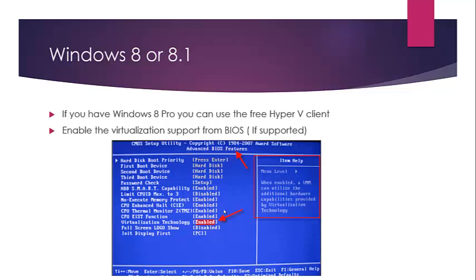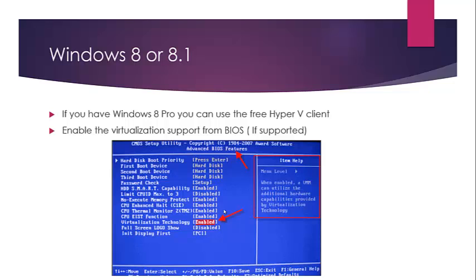Alright, step number 1. Let's assume you have a Windows 8 or Windows 8.1 PC, or even a Windows 7 PC. Before you do anything, go to BIOS settings and enable the virtualization technology. If it's already enabled, no problem. If not, press Escape or F2 or F12.